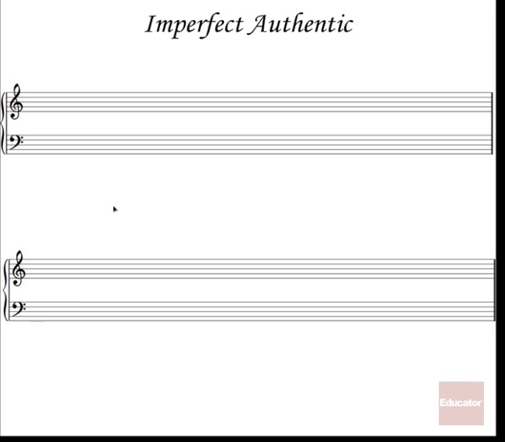So the imperfect authentic cadence is basically a 5, it's an authentic cadence, so it's still going to be 5 to 1. But the difference is that it's just going to have some feature that makes it different from the perfect authentic. So it could be that it's a 5 not in root position going to 1.